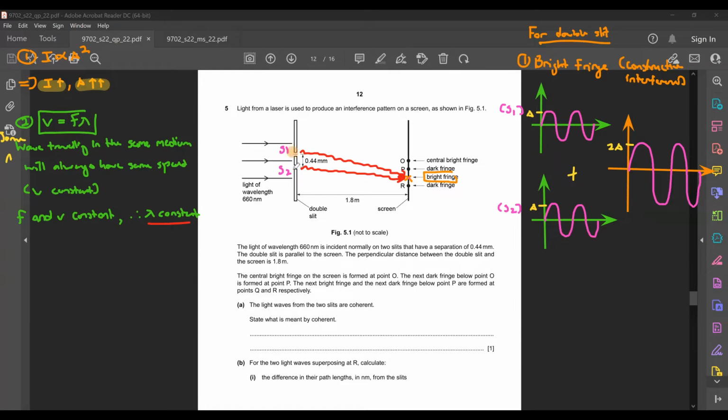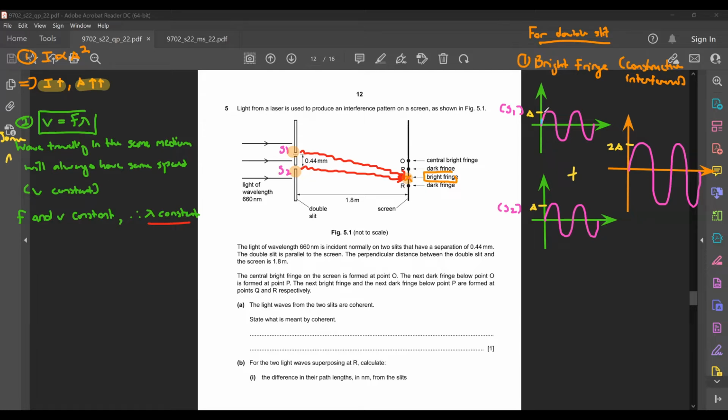The waves from S1 and S2 will still meet at this point to give you constructive interference, but because your intensity of light is actually larger, your amplitude of the individual waves is also larger now. So it could probably look like this right over here. Let me just try and draw it nicely again using some separate colors.